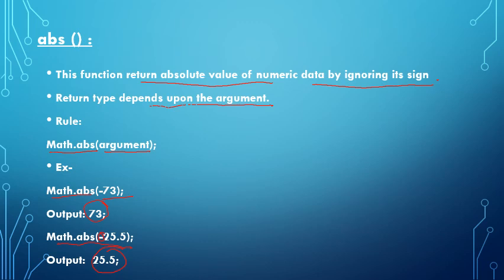In maths, if it is written mod of A, how can we write it in Java? The mod function is always replaced by the function Math.abs. So we can write Math.abs of A. If it is written mod of A plus B, how can we write it in Java?